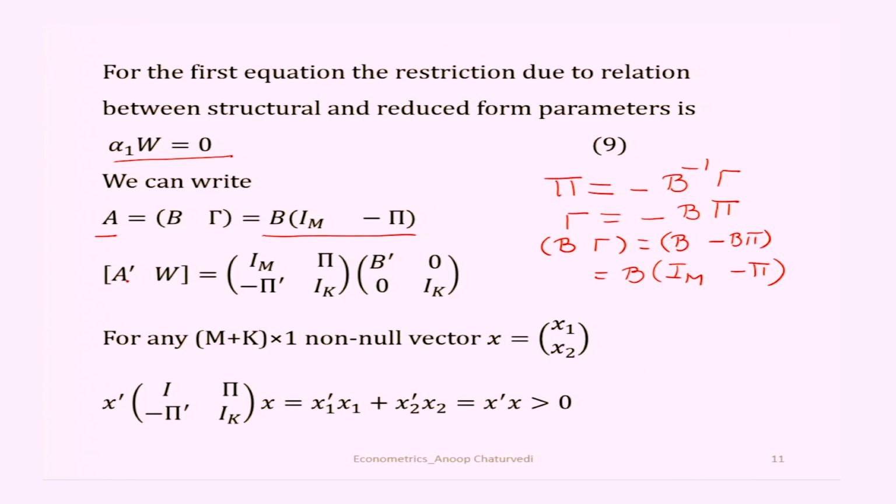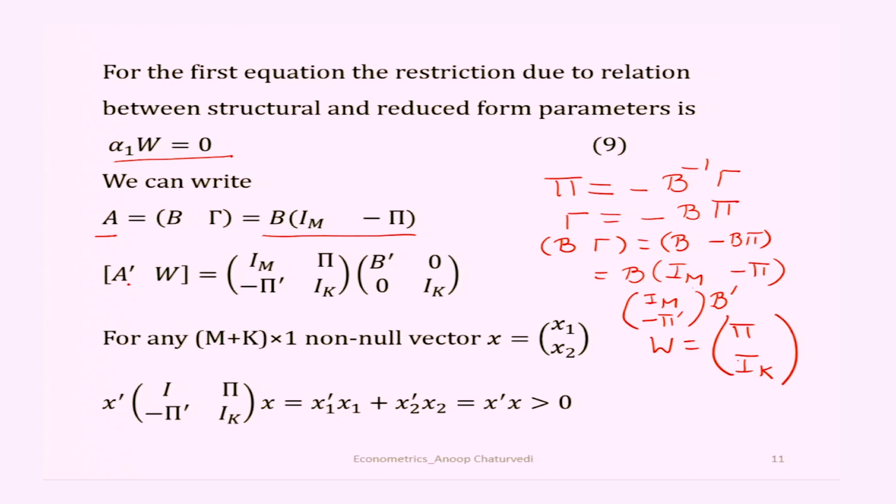And then A transpose W is equal to, say, A transpose is I m minus pi transpose B transpose, and then you have W here, and we have defined W as W equal to pi I k.